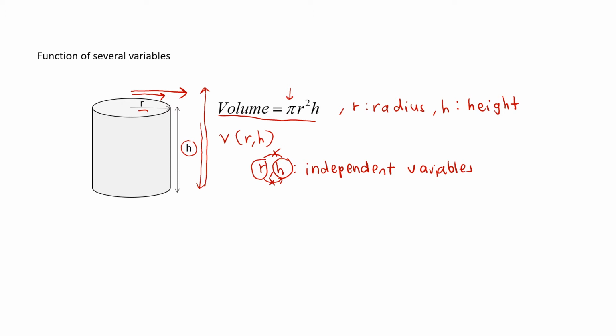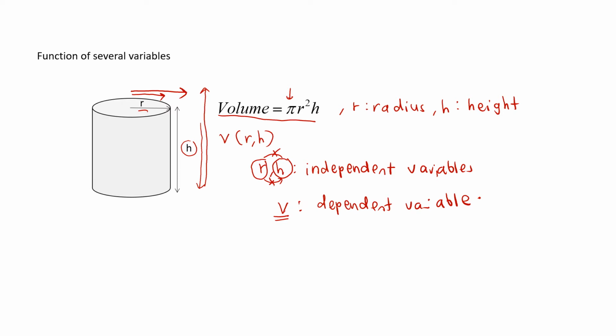But the changes in r or h will affect the volume of the cylinder. So V is considered as dependent variable. If the radius or height is changed, the volume of the cylinder will also change.